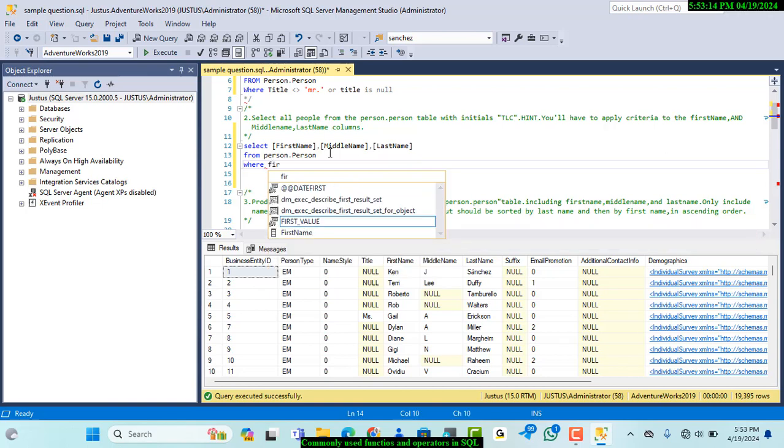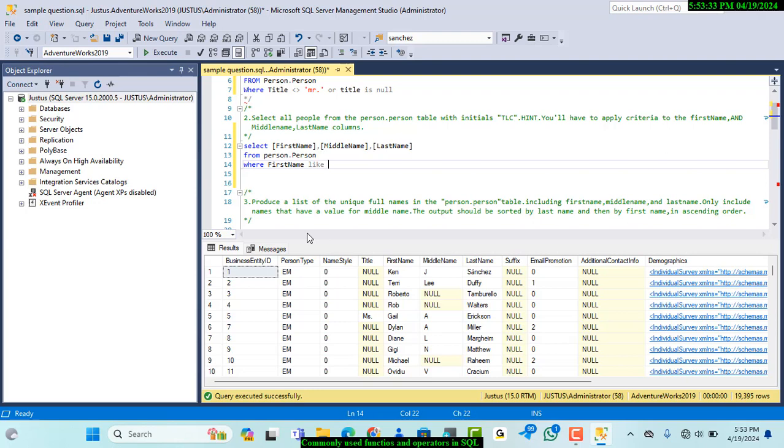So let's say for the first name, the function LIKE comes into play. So as we all know, the LIKE in SQL allows for pattern matching.